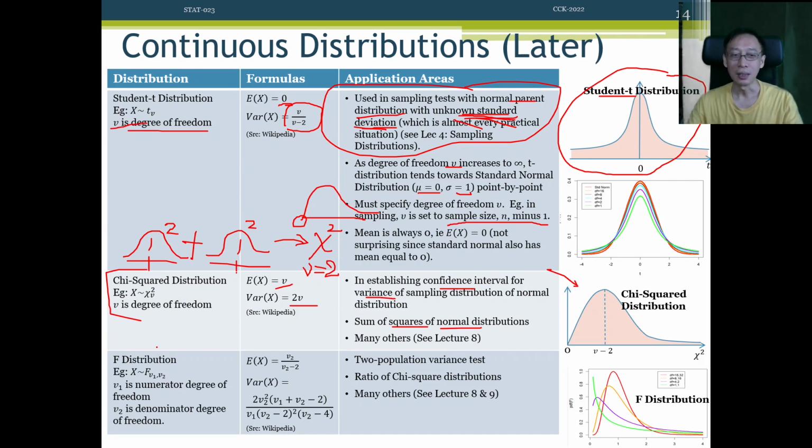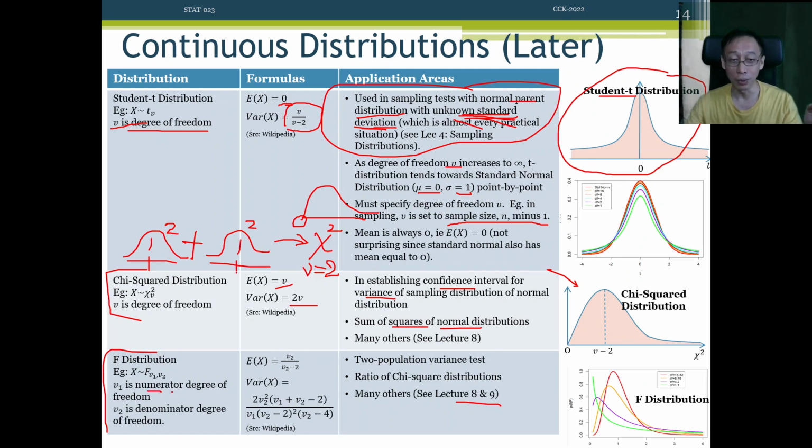And the last class of continuous distribution we'd like to just touch on and explore later in lectures 8 and 9 is called the F distribution. All right, so the Fisher-Snedecor distribution is a class of distributions that requires two parameters.